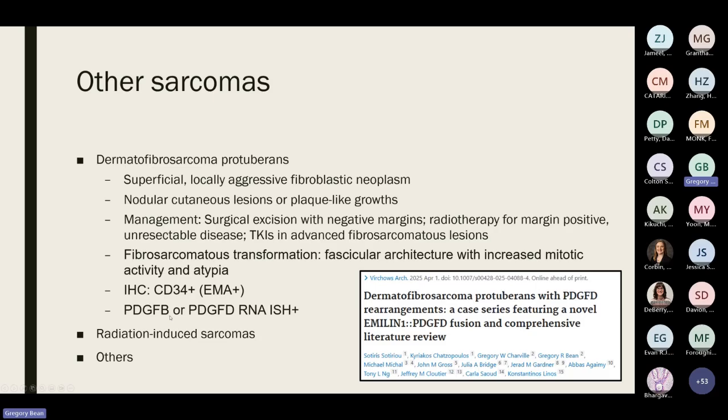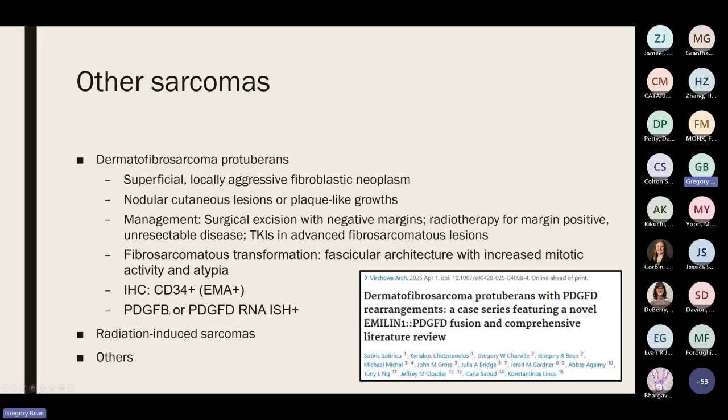But there's an important caveat: the majority of breast DFSPs, unlike DFSPs in other parts of the body, don't have PDGFB but instead have an alternative rearrangement involving PDGFD.